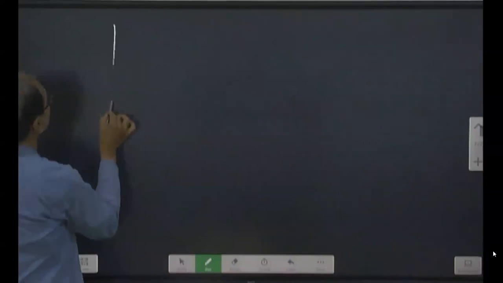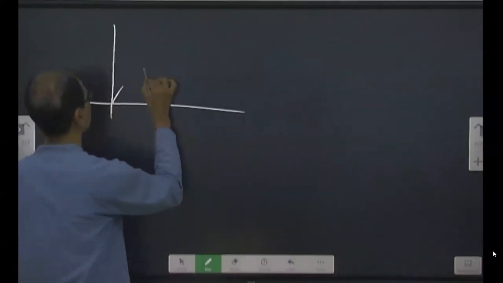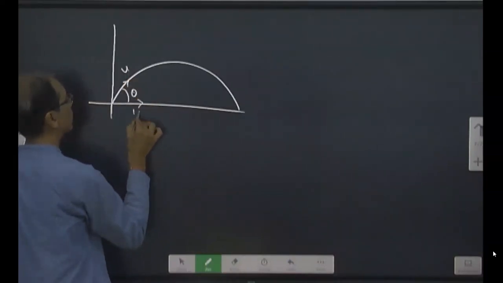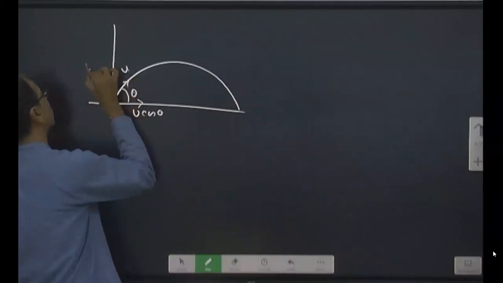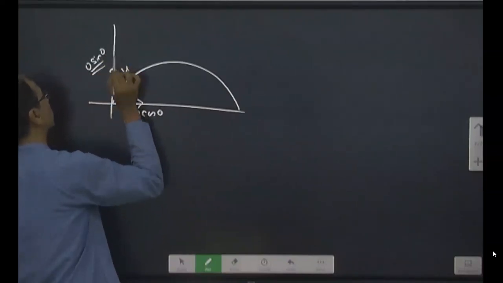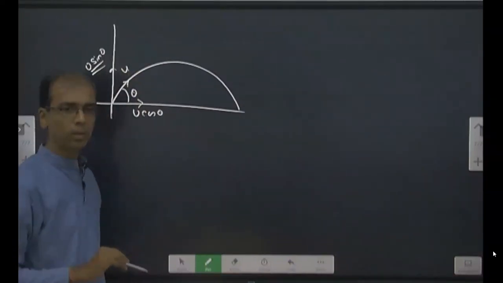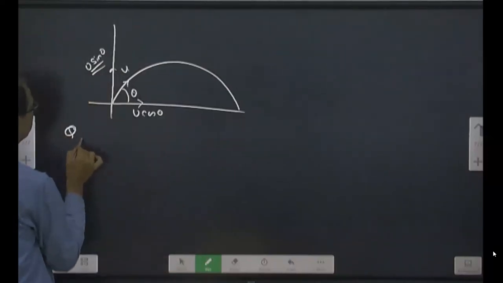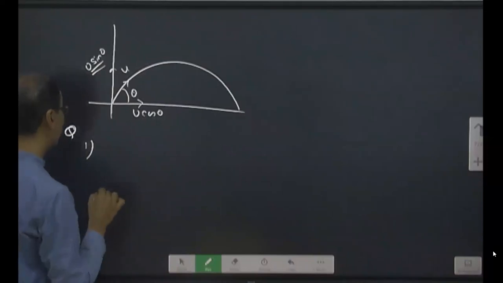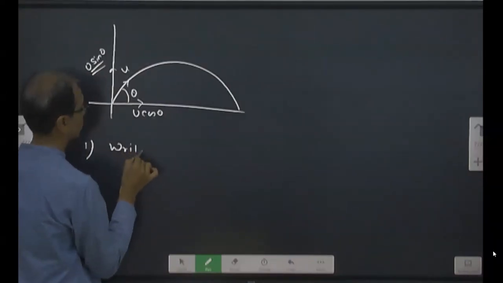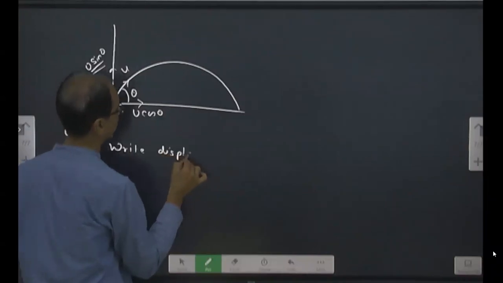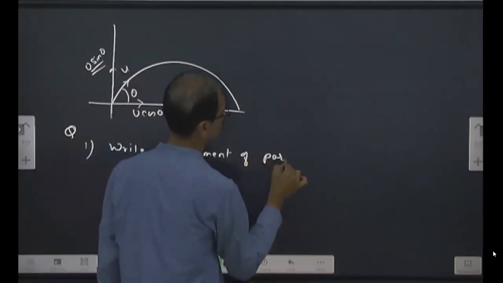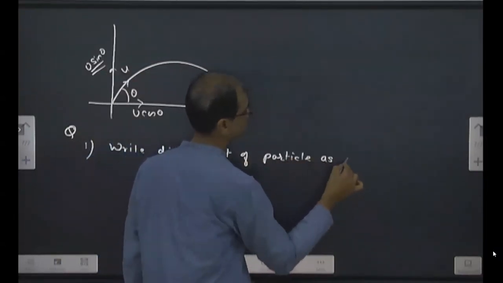So first, let me make the diagram again one more time, same diagram. How many times I'll make, I don't know. Okay, u, theta, u cos theta, u sin theta. Right, done. Now you are going to tell me question number 1. Write displacement of the particle in time t.